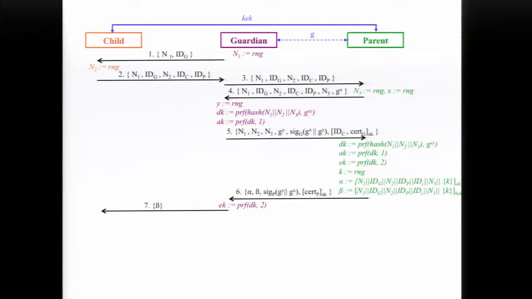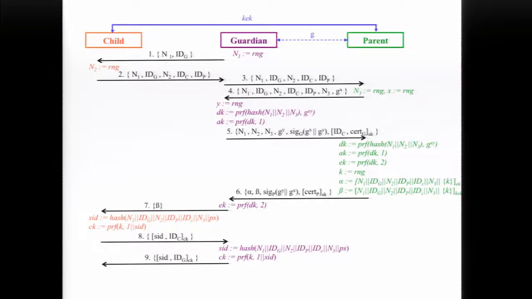So you're assuming it can decrypt beta with the KEK? Yes. So the KEK in these next two steps, one will prove to the child that the parent is legitimate, and the other will prove to the parent or to the guardian that the child is legitimate. Actually, after message 7, both child and guardian have received shared key material from the parent.